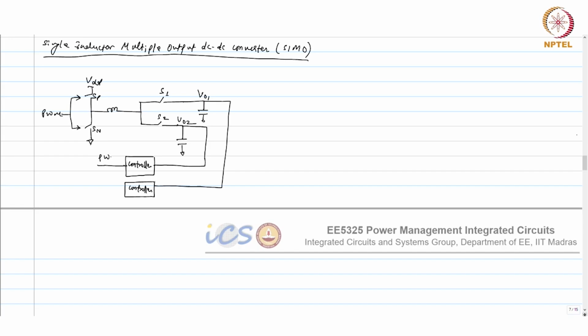So you will directly get PWM, and this is PWM 2. Then what do I need to have? I need to have some logic here, because I have a single power stage, one inductor. So I cannot feed two PWMs into one. So I need to have some logic here, which will generate your PWM.